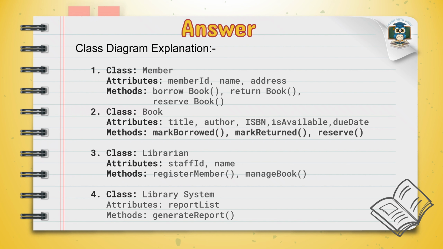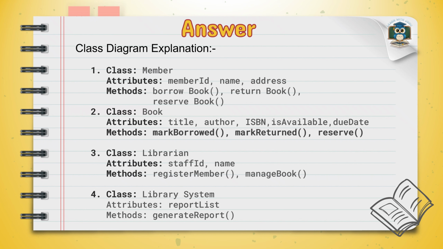Let's see the answer. This is the answer for the scenario. I'm going to explain the class diagram. These are the classes we can use according to the scenario. The first class is Member. The attributes are member ID, name, address, and the methods are borrow books, return book and reserve books.